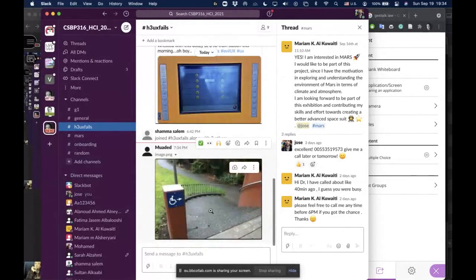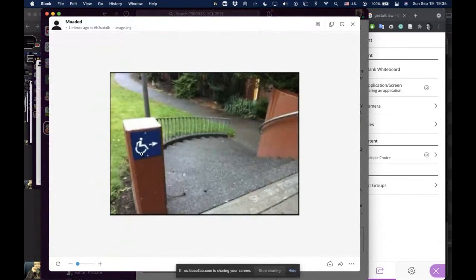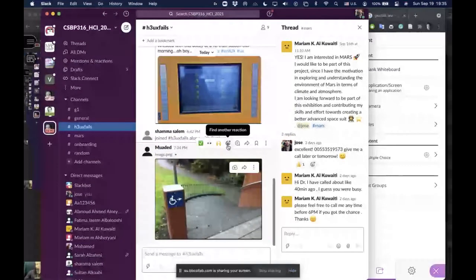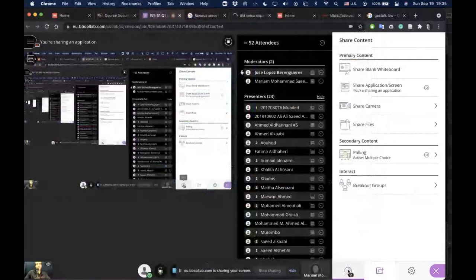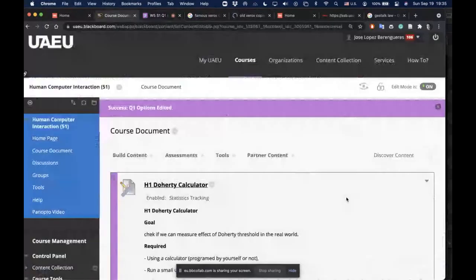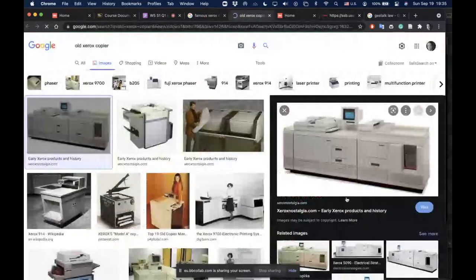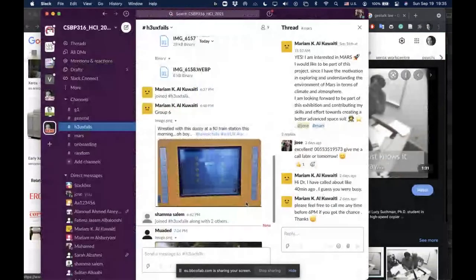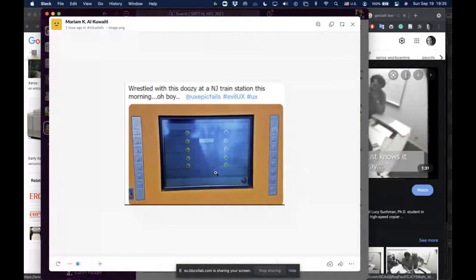Oh, here we have another one. Do you want to explain this? Why is this a UX fail? So there's this thing called the Gestalt law. Gestalt is a German philosophy of design, and they discovered a few very important laws.